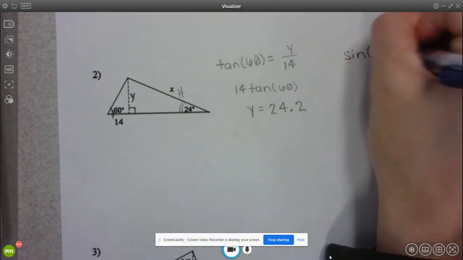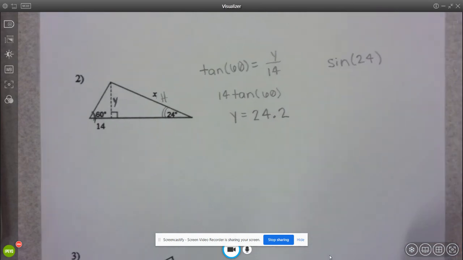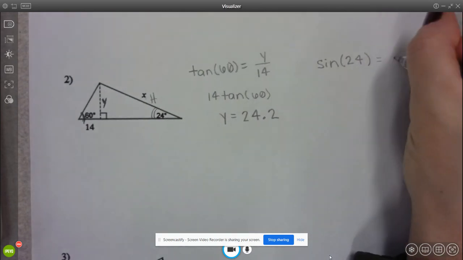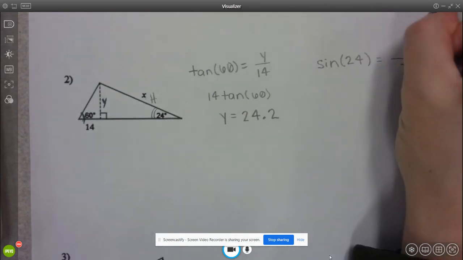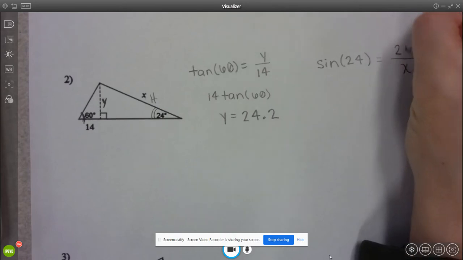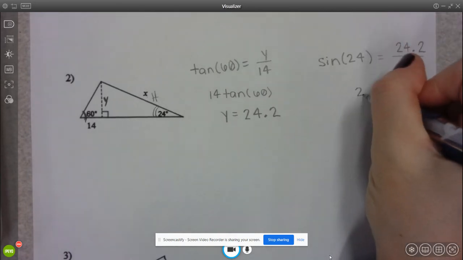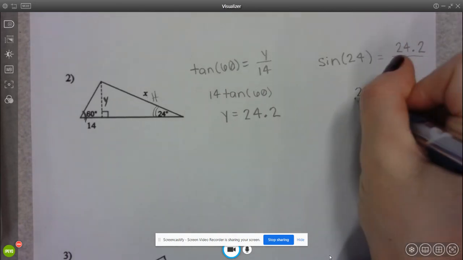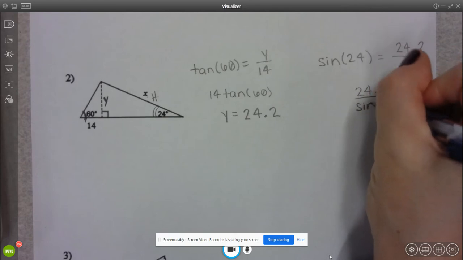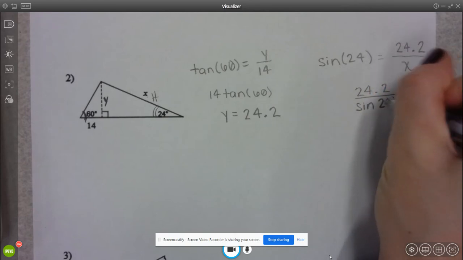So sine of 24 is y over x. So 24.2 over x. So in my calculator, I'm going to put 24.2 divided by the sine of 24.